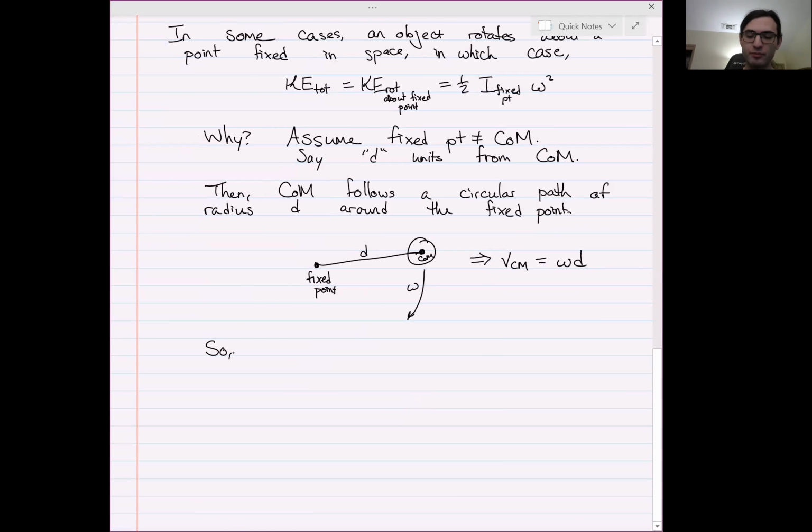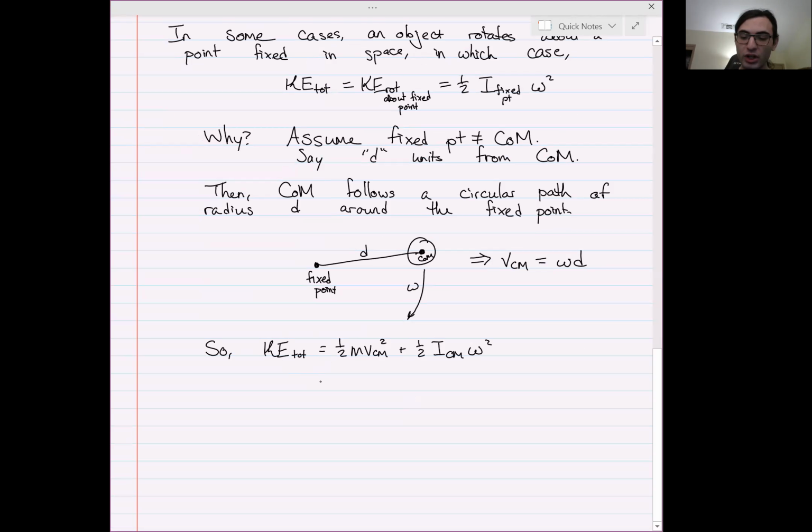So what then? The total kinetic energy, if we were to compute it the way we had before, is naively just the sum of the translational and the rotational kinetic energy about its center of mass: 1/2 m v_cm squared plus 1/2 I_cm omega squared.